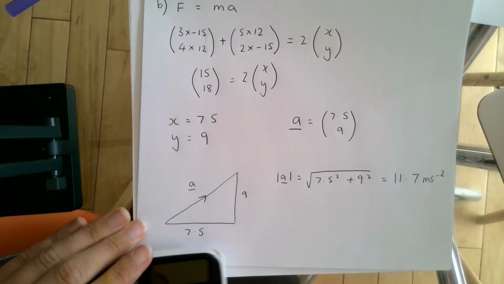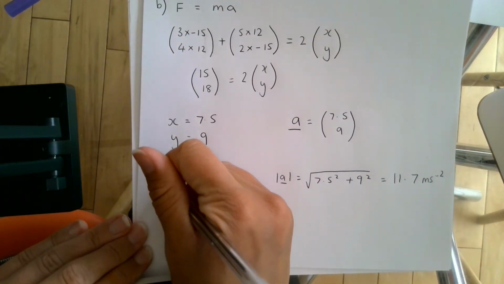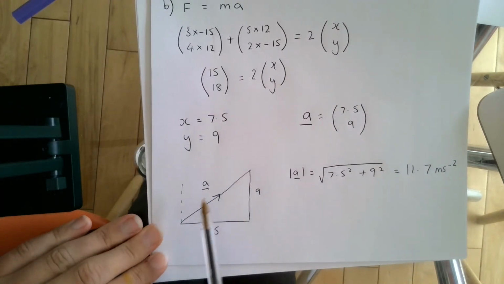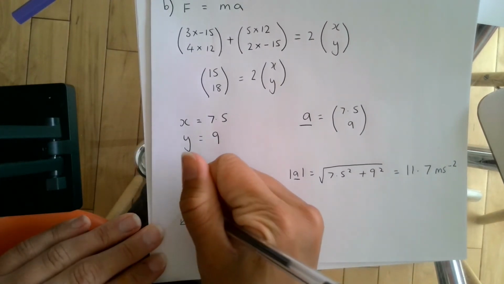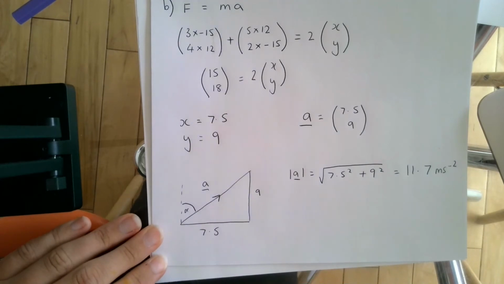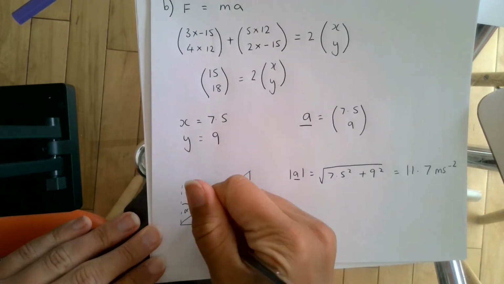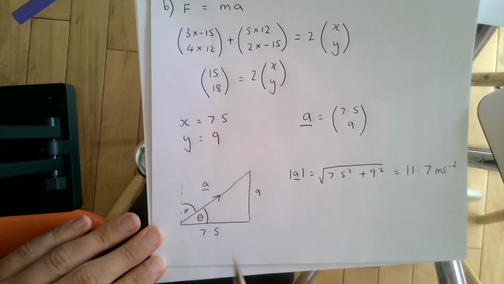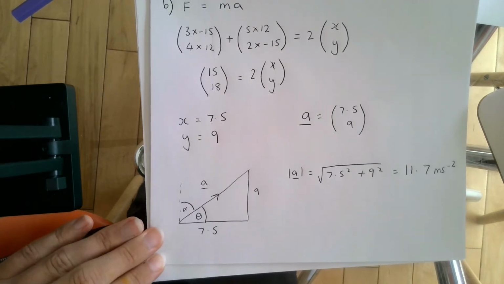Then to work out the direction, I probably want to give the direction as a bearing. So what I really want is this angle here, which I'm going to call alpha. To find alpha, I'm going to first work out theta and then do 90 take away theta.